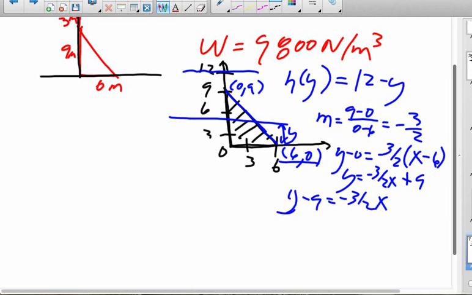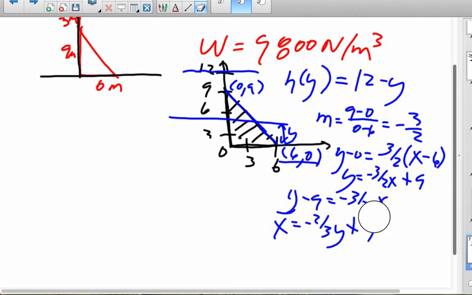Then I'll multiply by negative 2/3, so I end up with x equals negative 2/3 y plus 6, which is just multiplying 2/3 by 9. It's positive because I'm multiplying two negatives.